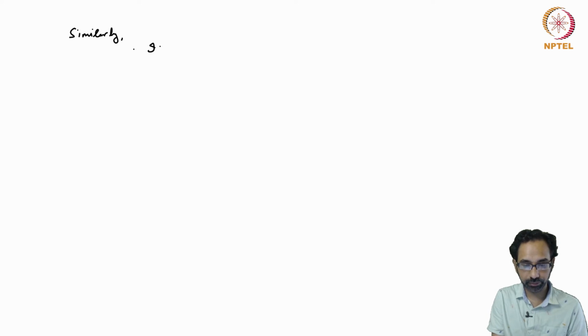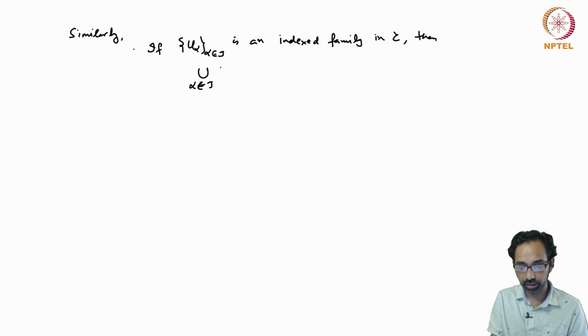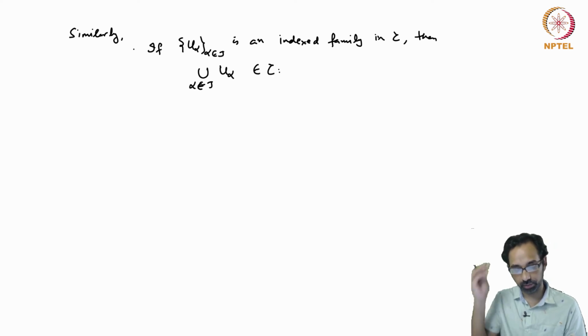So if U alpha is an indexed family of sets in tau, in this topology tau, then the arbitrary union of all these sets U alpha should be in tau.